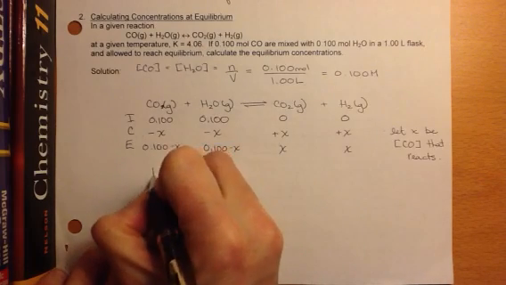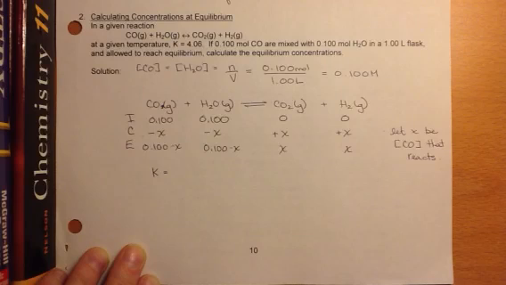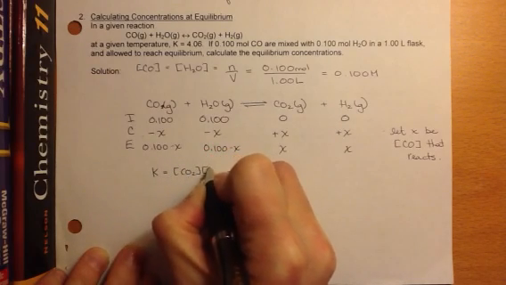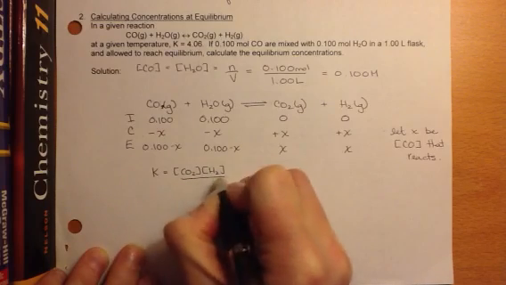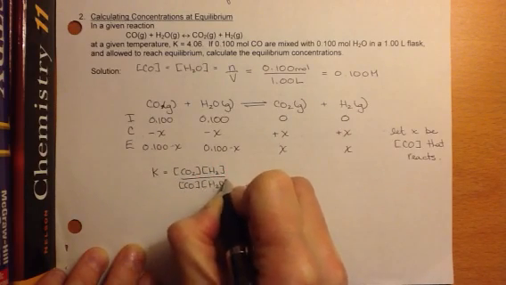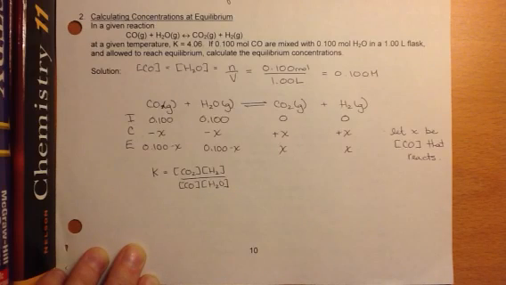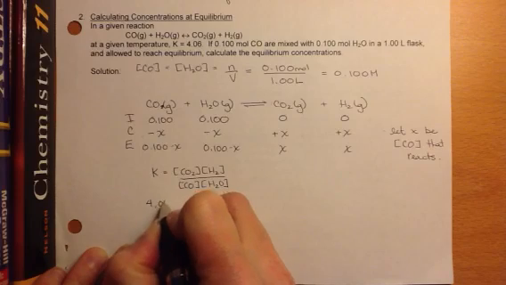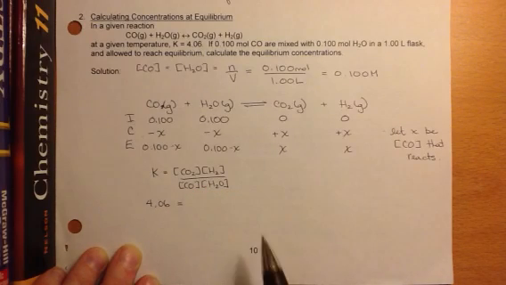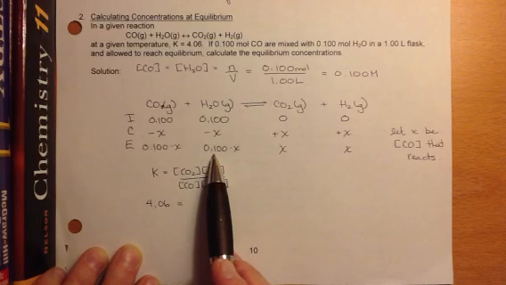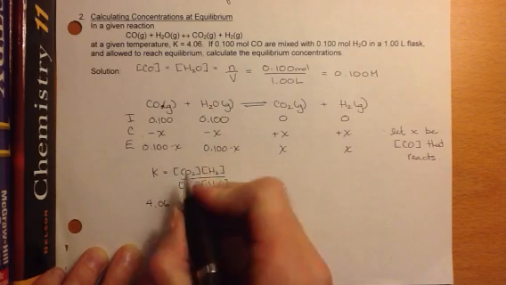Now let's use our equilibrium expression. K is equal to the concentration of the products over the concentration of the reactants. In this case, we're given the value of K, so we're going to have 4.06 for our K value. The carbon monoxide and the water are both equal to 0.100 minus X at equilibrium.